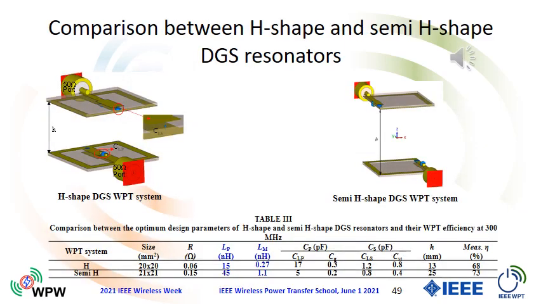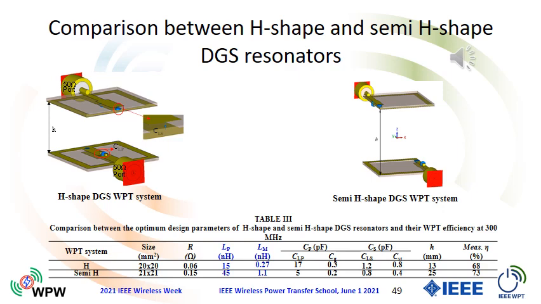A comparison between H-shape and semi-H-shape defected ground structure resonators is presented in this slide. A comparison between the optimum design parameters of the wireless power transfer system using H-shape defected ground structure and semi-H-shape defected ground structure resonators at 300 MHz.